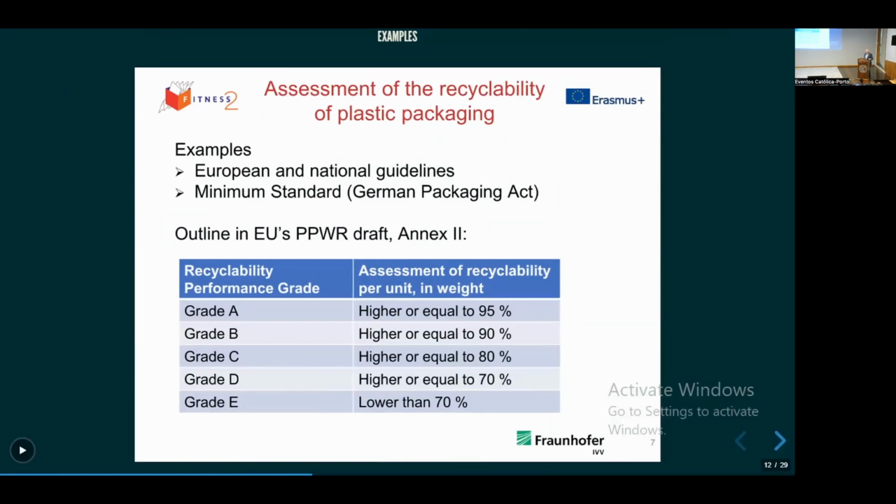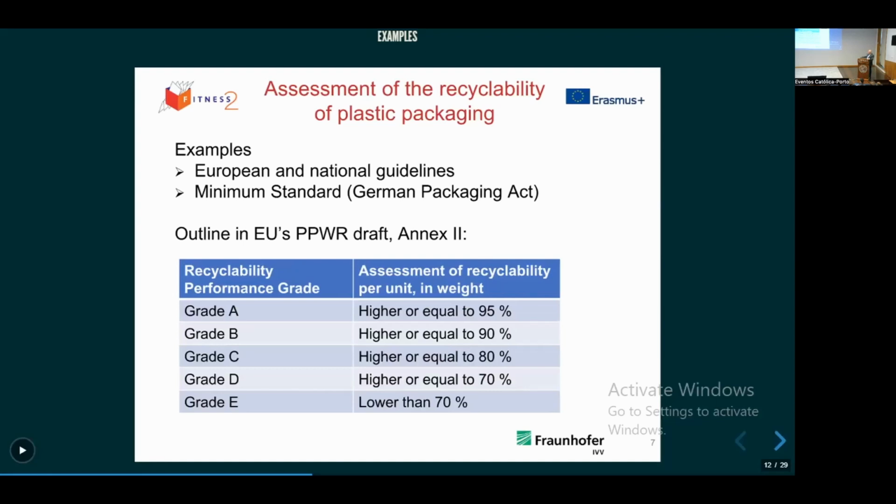So I come to my next point. How do we assess the recyclability of packaging materials or of packagings? We have the draft for the Plastics and Plastics Waste Directive, where it's a simple mass-based classification.